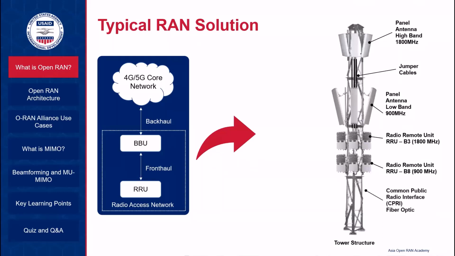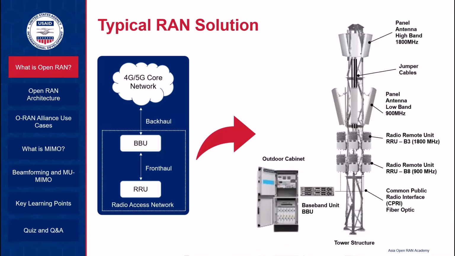And then meron tayong common public radio interface papunta sa ating baseband unit at sa ating outdoor cabinet which houses the battery, power supply, and ventilation ng ating equipment. And then nandito rin yung ating backhaul network. In this example, we use a microwave antenna as a backhaul network papunta ng core network.